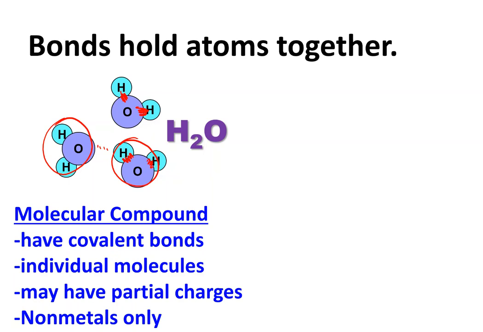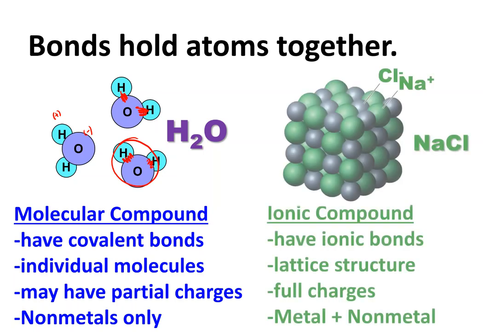There may be partial charges on these. We usually think of charges as being with ionic compounds, but sometimes we'll have slight positive and negative charges on these that make them attracted to each other. Again, it's just partial slight charges. And of course, nonmetals only, we already said that.